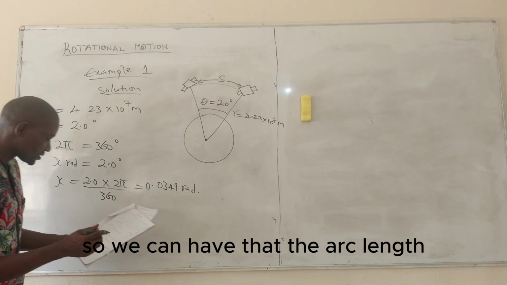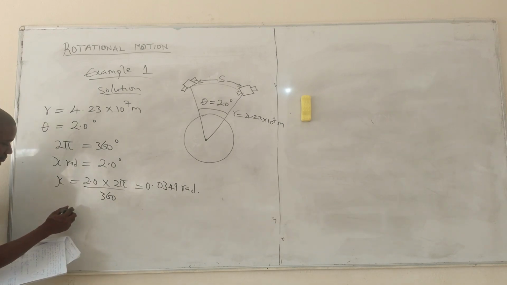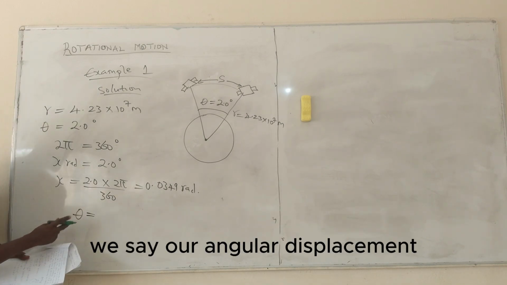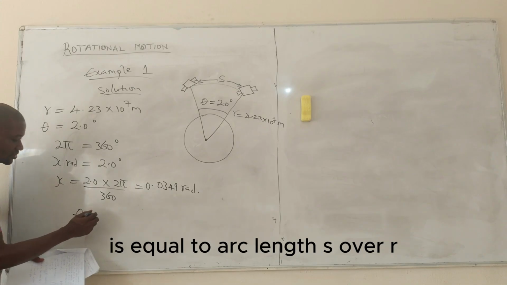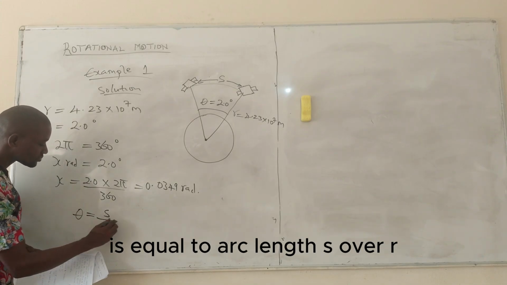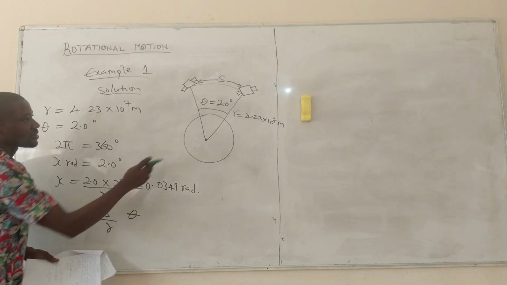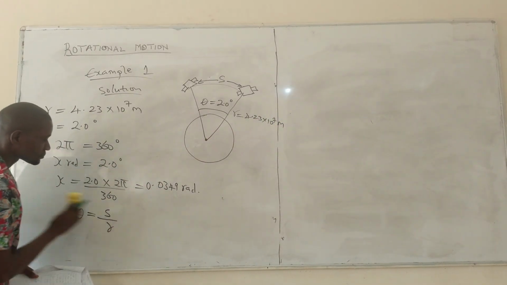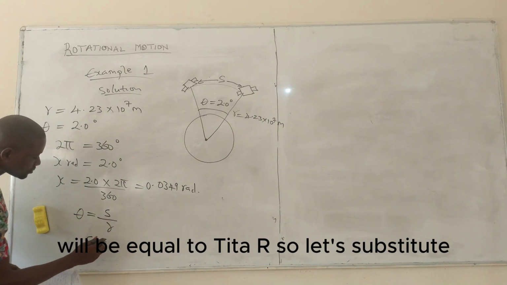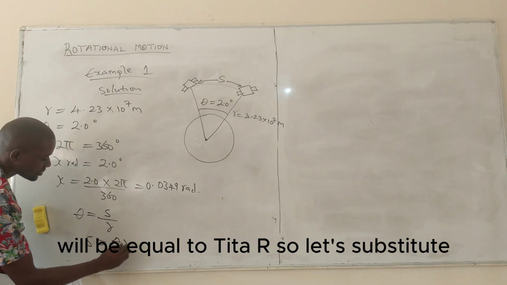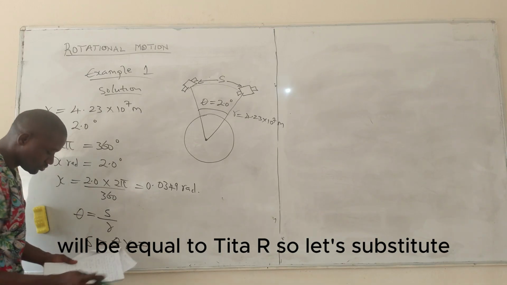So we can have the arc length. We say our angular displacement is equal to arc length S over R, that is equation 1. So from here, arc length will be equal to theta R. So let's substitute.